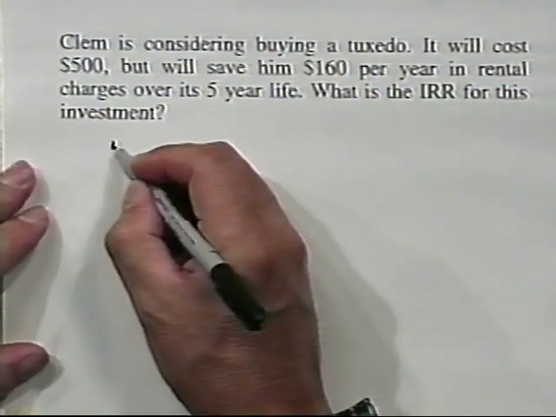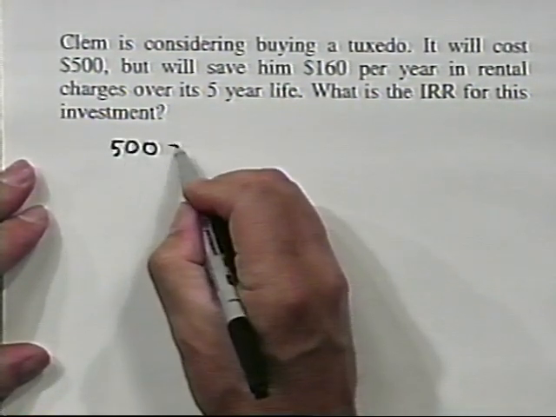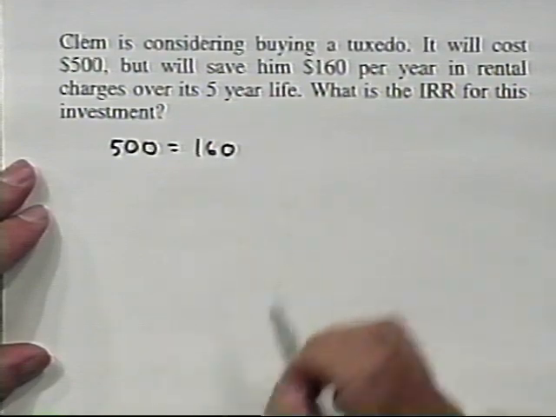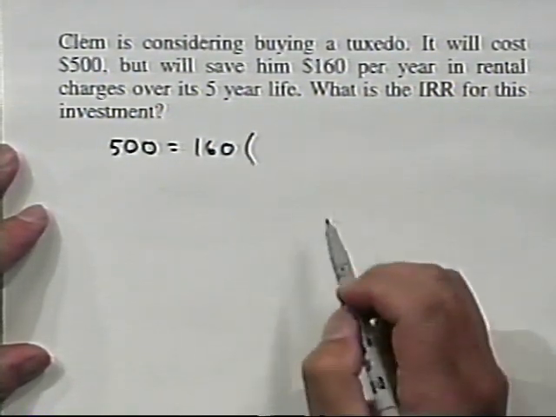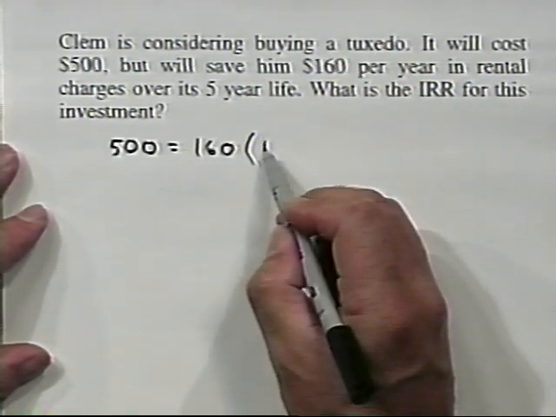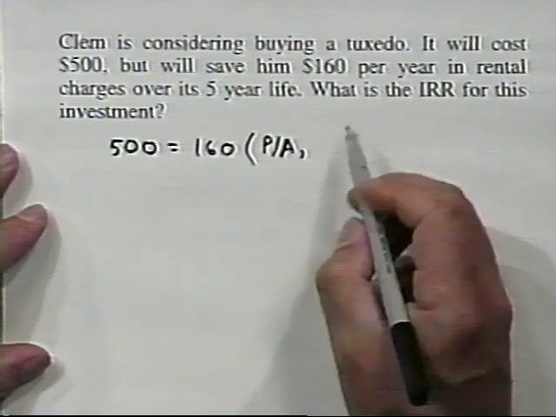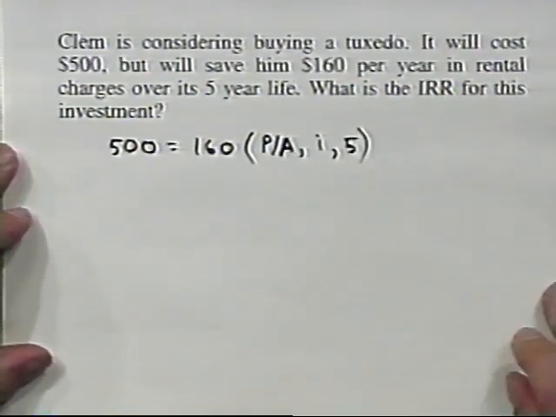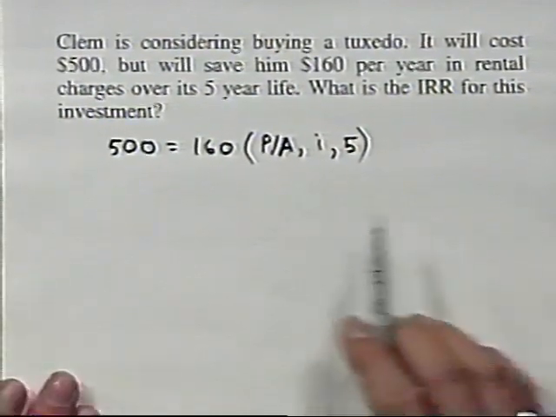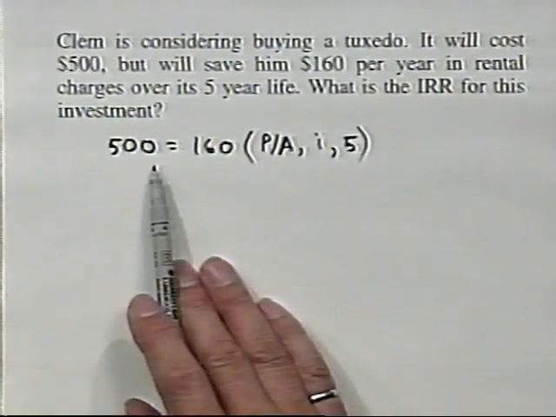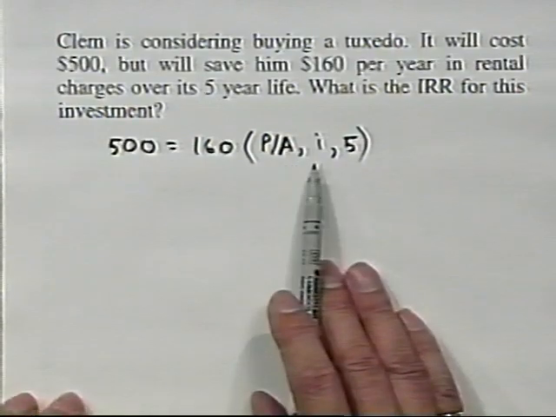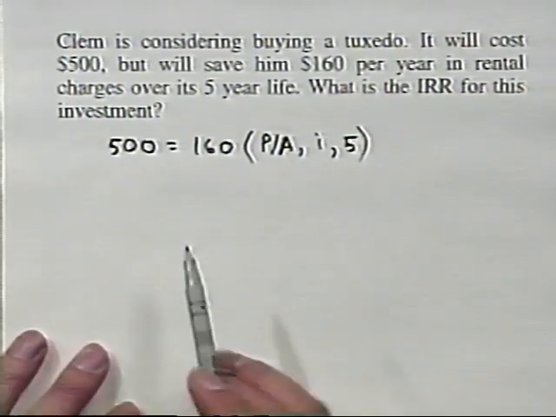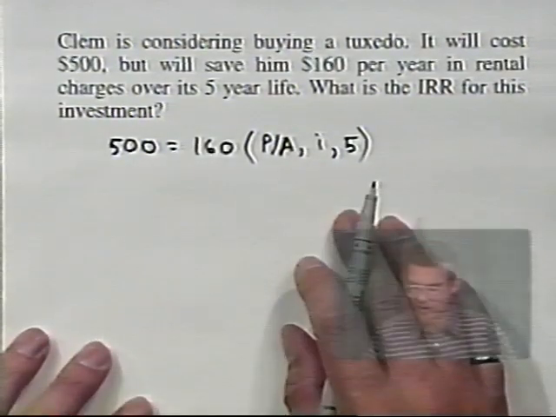We say that $500 disbursement is going to be equal to $160 over the 5-year life at some unknown interest rate. So, if you like, his investment of $500 is going to earn him interest. And we want to find out what that interest is. And so it's an unknown interest rate problem.